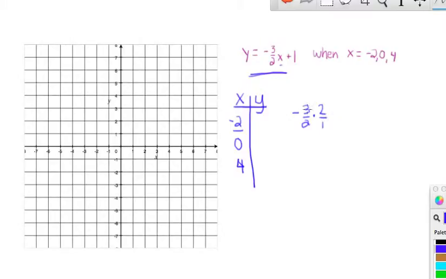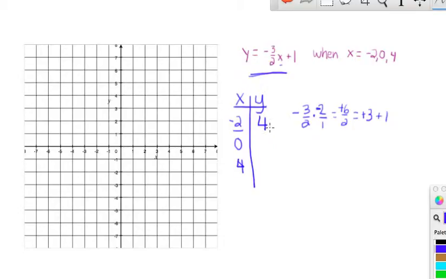First you do the top, then you do the bottom, so I'm going to get -6 over 2, which is -3. So -3/2 times -2 is a +3. And then I add 1, so I get 4. So the y value that I get out when I put -2 in for x is 4.